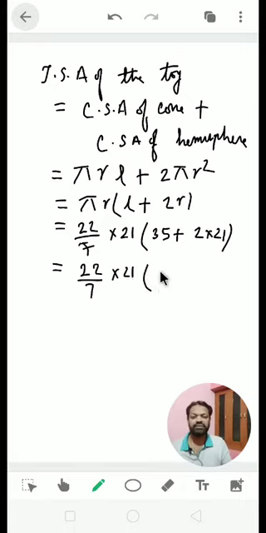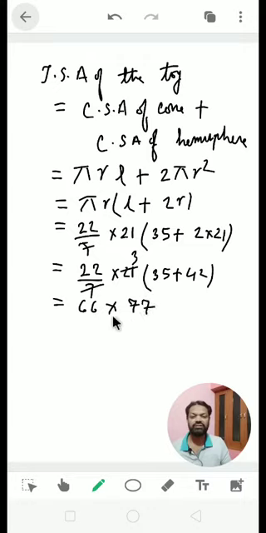Inside the bracket it is 35 plus 42. Now cancel out these 3. So we are getting 66 multiply 77, and so the answer is 5082 centimeter square. Hope this answered the question.